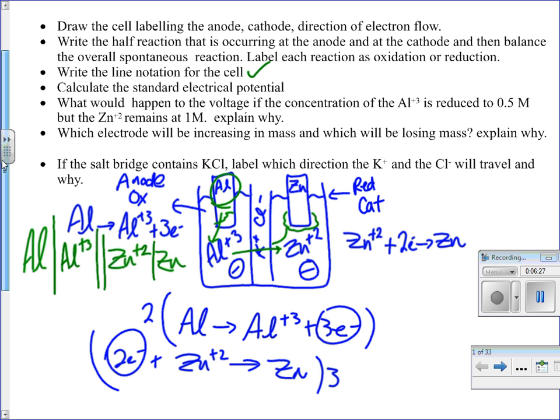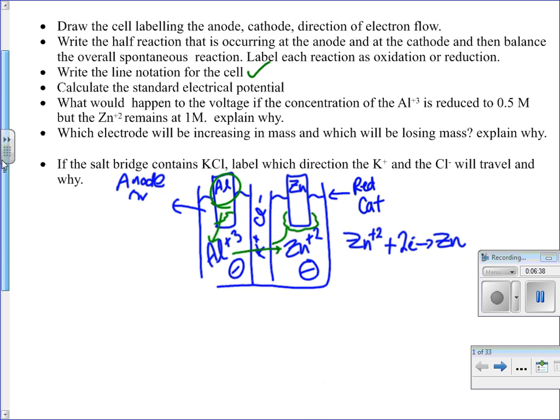Now to calculate the standard electrical potential, and I'm going to clean up my page a little bit, remember that when we worked these out, we looked at the potential for each one of these on the reduction potential. We found that the aluminum potential was a negative 1.66 written as a reduction, but we changed it to a positive 1.66 when we wrote it as an oxidation, where the zinc was a negative 0.76 for its voltage.